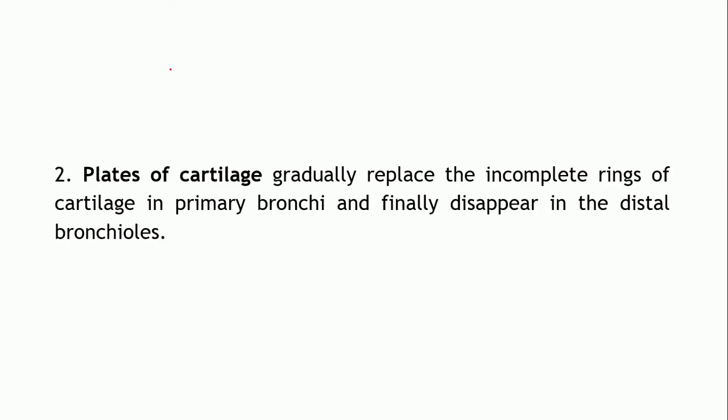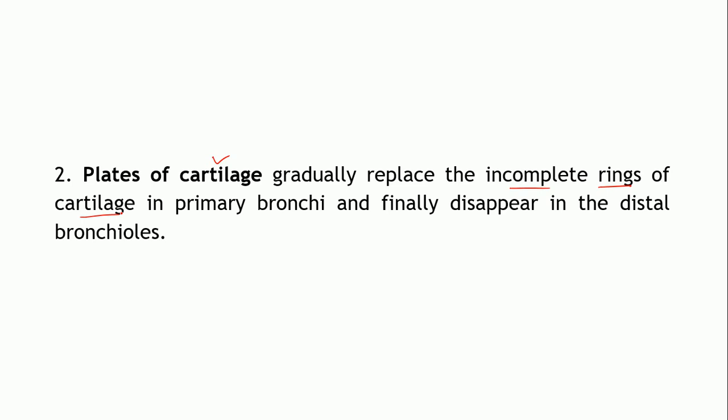Okay. Then the next change which occurs is the cartilage. As we have seen in the primary bronchi, the cartilage is in the form of incomplete rings, just like the trachea, C-shaped structures.